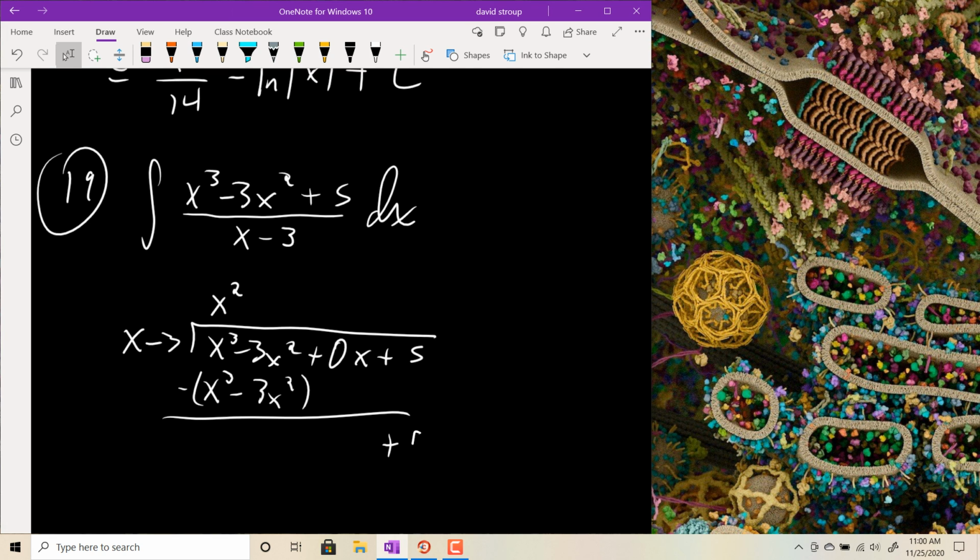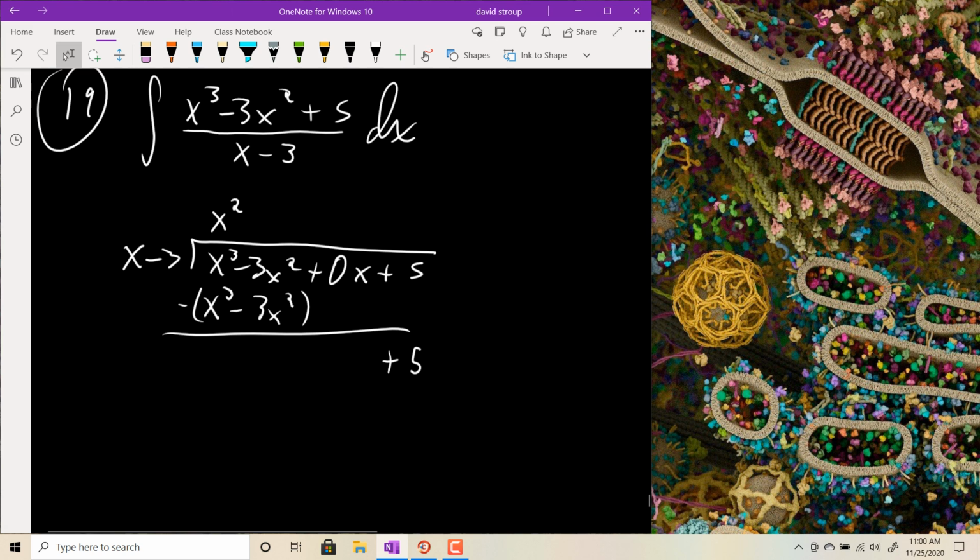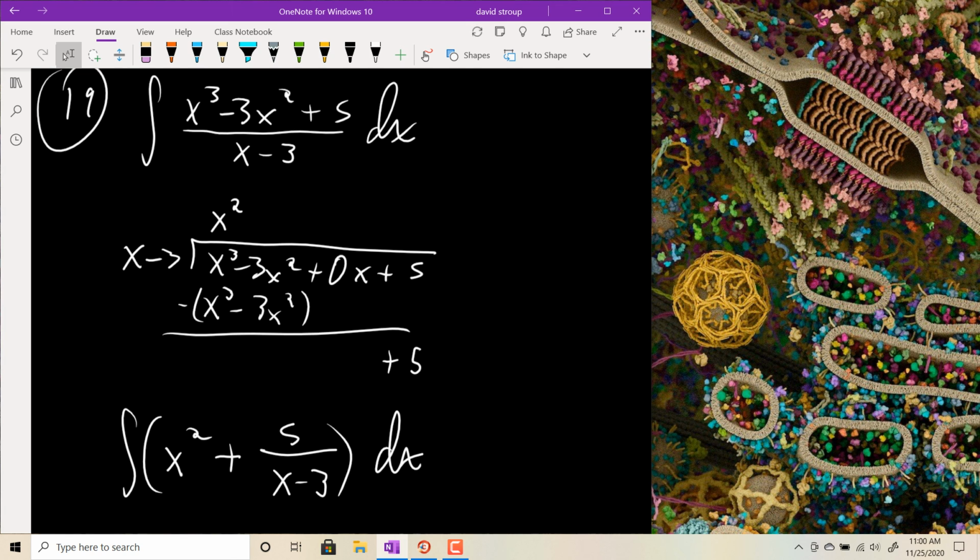So there's really nothing left to do. It really hurts. That did not turn out to be very interesting. So this is actually equal to the integral of x squared plus 5 all over x minus 3 dx. If you're unsure, you can always find a common denominator and show that it's still equal to the same thing.